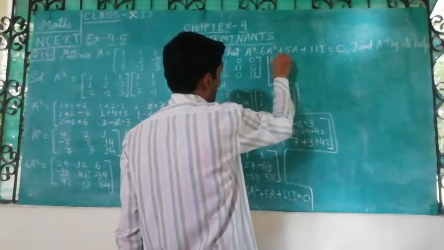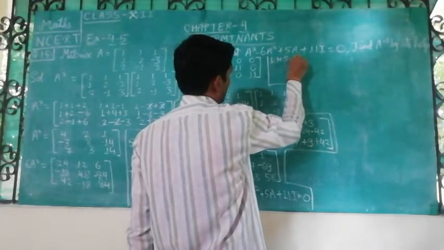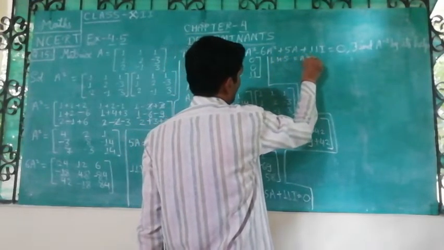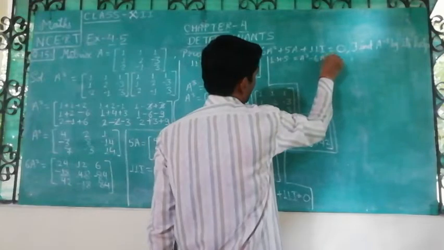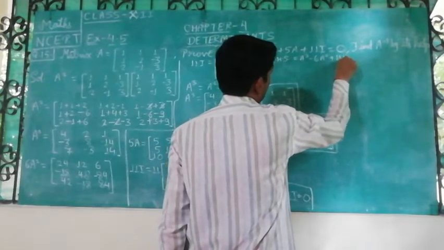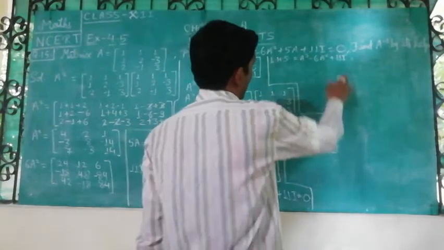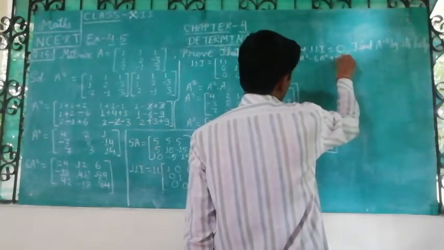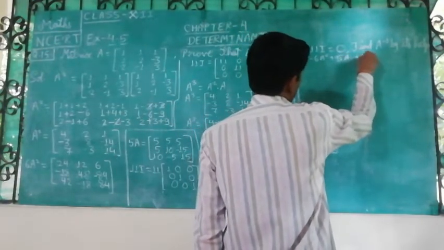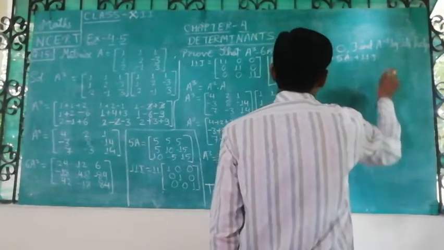So LHS is equal to A cube minus 6A square plus 5A plus 11I. This I am taking now.